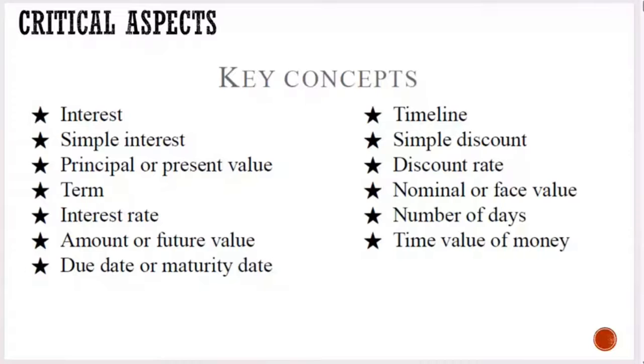Okay, and then we've got the future value, the maturity date, the timeline, the simple discount, and the discount rate. Again, make sure you are aware what the question is asking you. Is it asking you for a discount rate, or is it asking you for a simple discount? Okay, and now there's a nominal or face value, number of days, time value of money. Those are the keywords that you need to be aware of when you are working with this topic.